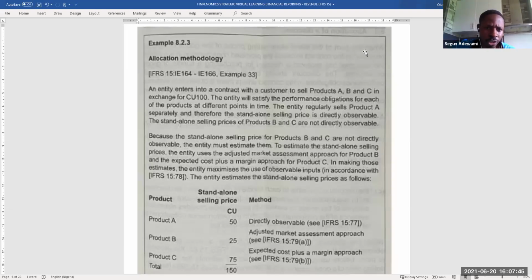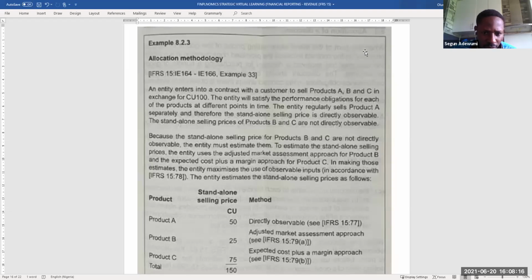Okay, allocation methodology. An entity enters into a contract with a customer to sell products A, B, and C in exchange for 100 CU. The entity will satisfy the performance obligations for each of the products at different points in time. The entity regularly sells product A separately, and therefore the standalone selling price is directly observable. The standalone selling prices of products B and C are not directly observable.